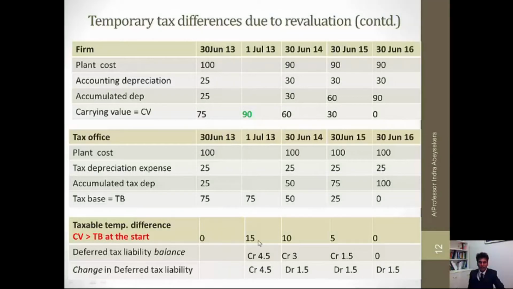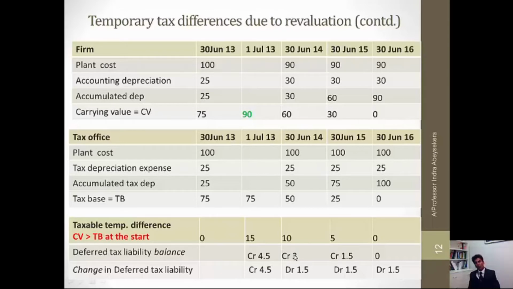And 30% of that is 4.5. Next year, carrying value is 60 and the tax base is 50, the temporary difference is 10, a taxable temporary difference. And 30% of that is the deferred tax liability, which should be 3.